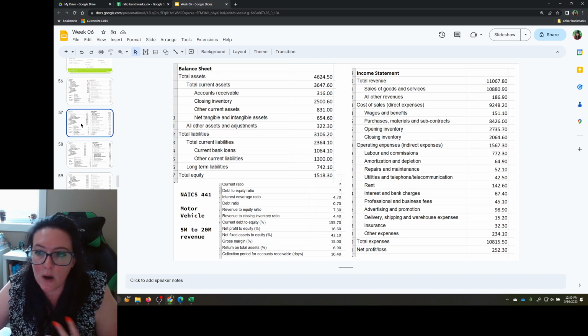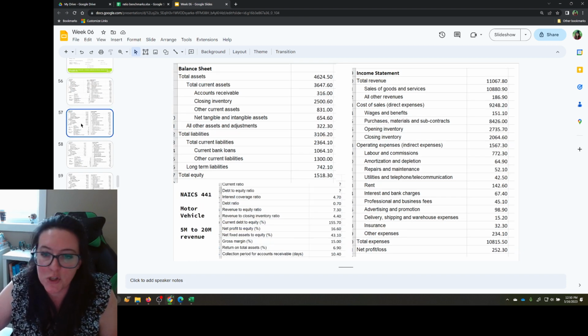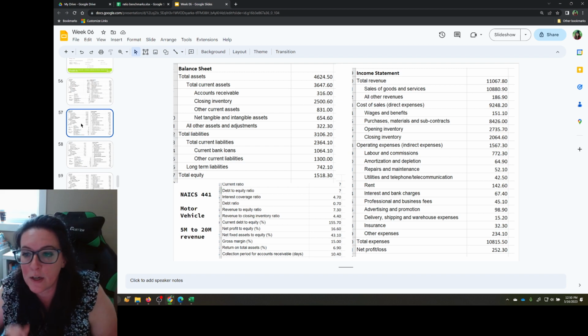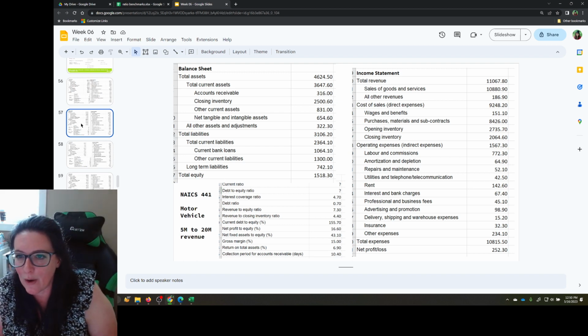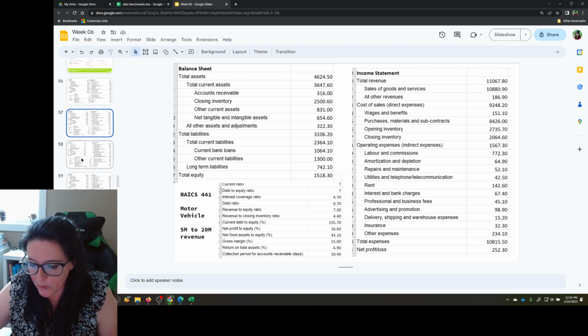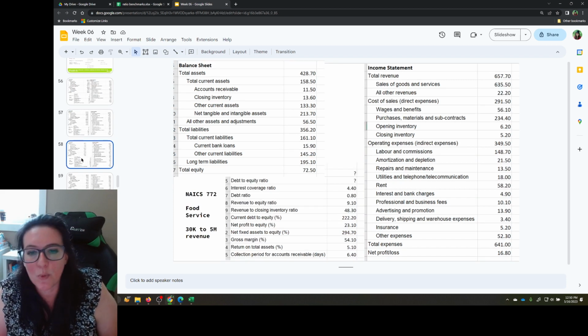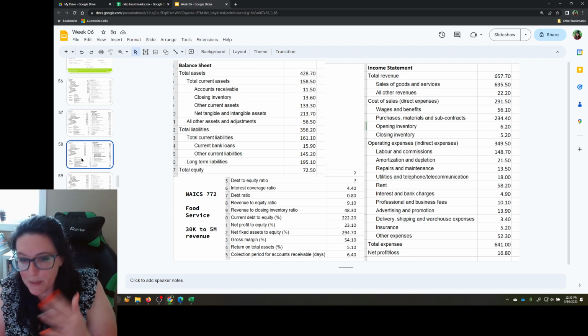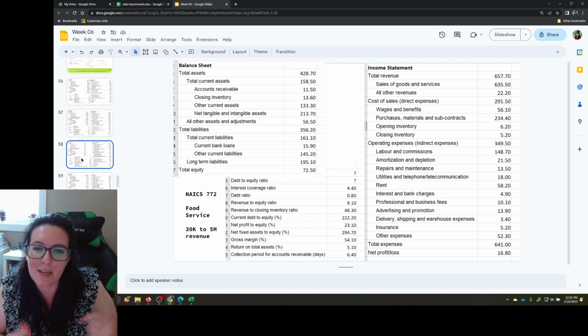The numbers that you saw and we've been comparing come from this balance sheet and income statement from motor vehicles. So you're welcome to practice doing the calculations that you saw on the screen by working through this data as well. In terms of our class, we're going to have you do those financial ratio calculations for food service from this data here. That would be like restaurants.